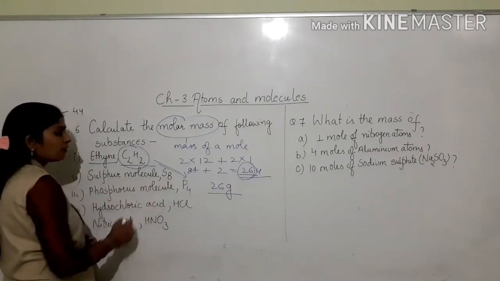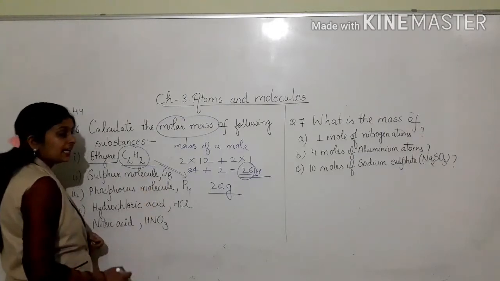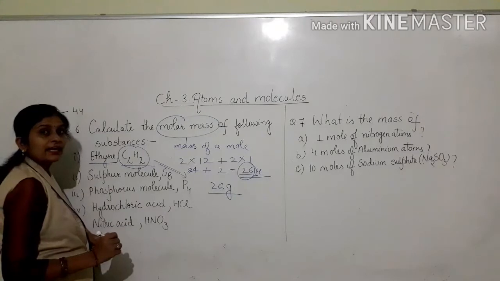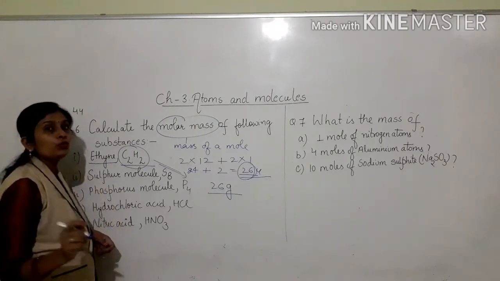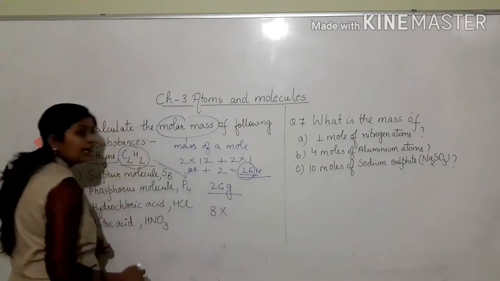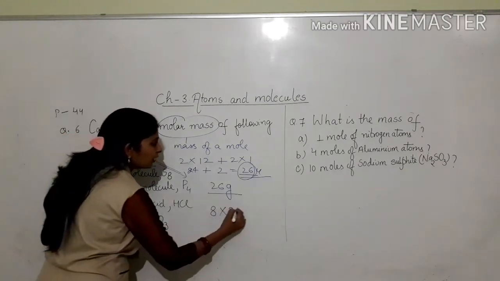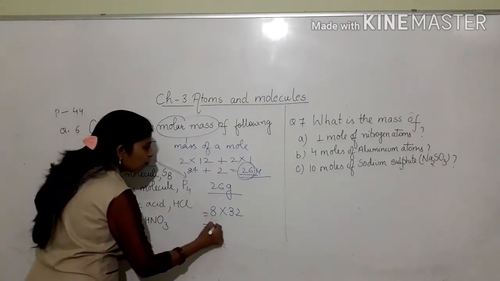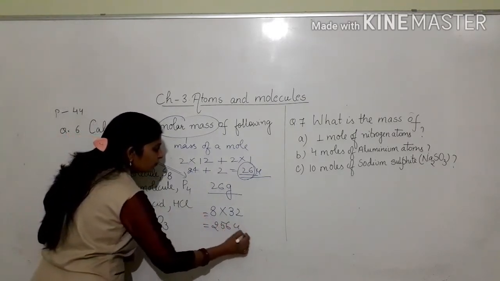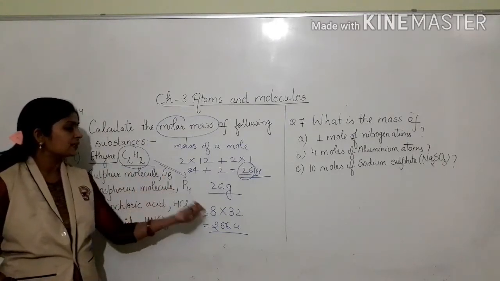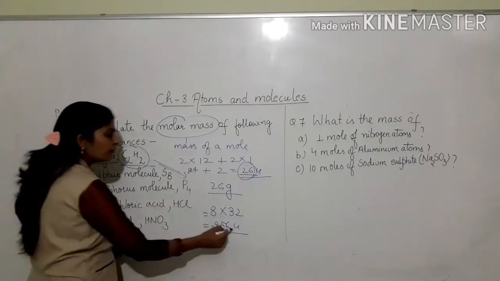The sulfur molecule S8 has 8 sulfur atoms. Each sulfur atom has 32 U mass. So 8 sulfur atoms will have 8 into 32 U mass, that is 256 U. So the sulfur molecule S8 has molecular mass 256 U.